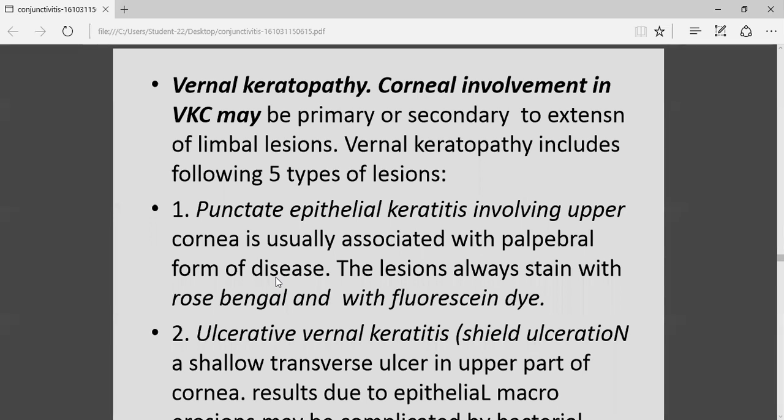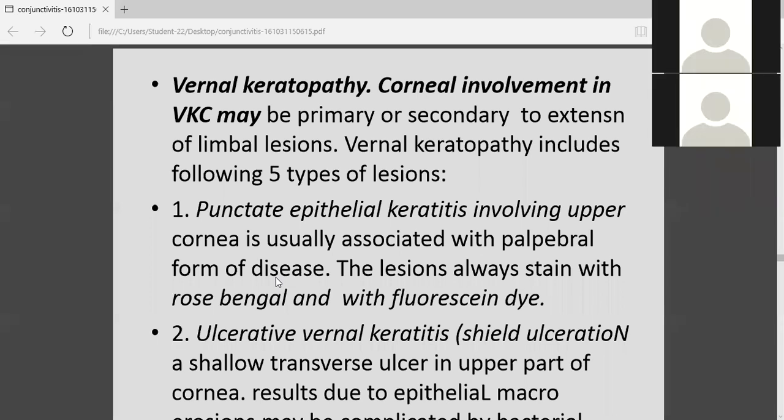Each time the eye blinks, the giant papillae will strike the cornea and produce a punctate reaction. Similarly, in later cases, there is ulcerative vernal keratitis. There is an ulcer, especially in the upper part of the cornea, just because of this rubbing of the upper lid with the cornea, and it will produce a shield ulcer. Okay?